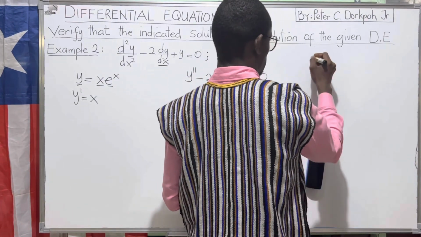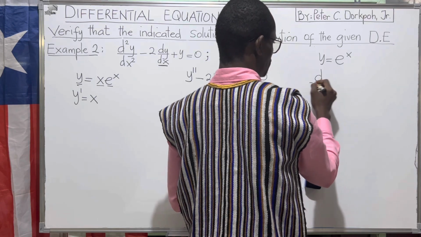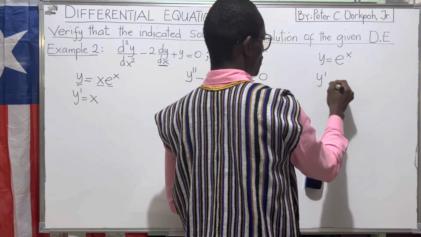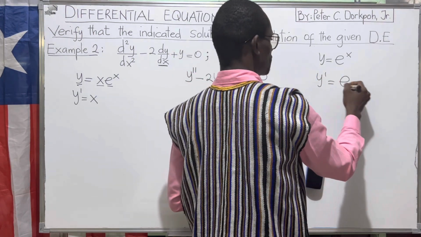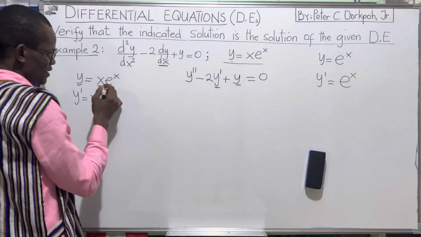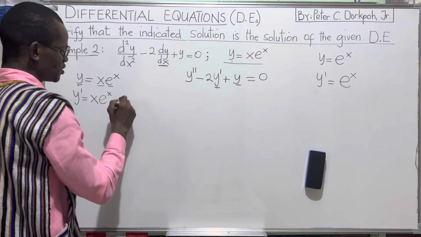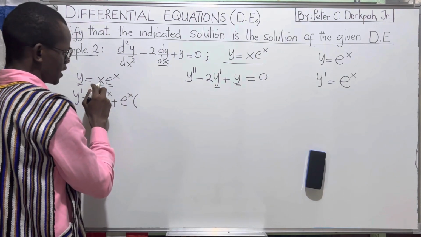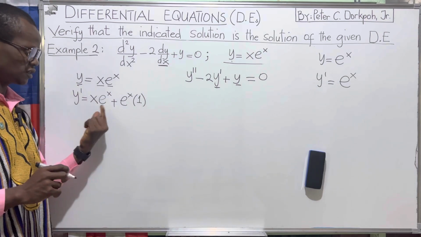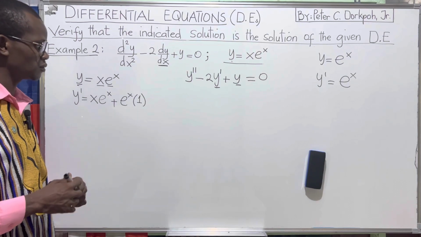So given that y equals x e raised to the power x, the derivative y prime is: we hold x, we differentiate e raised to the power x, which is the same e raised to the power x, plus we hold e raised to the power x, we differentiate x, it gives us 1. If you are having some issues, you can review our videos on the methods of differentiation.